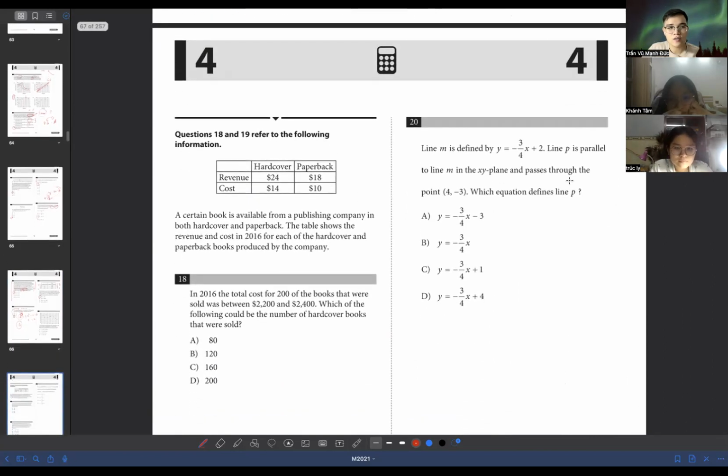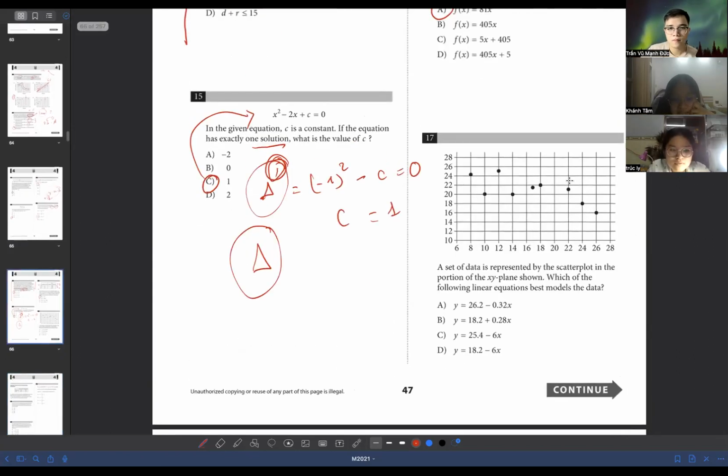Right, next one will be for Lina. 17 to 20. 17 first. 17A. Let me introduce one way to quickly do this one. You connect the farthest and the closest point on the two ends, and you're going to have a quite accurate line of best fit when it comes to linear. If you connect the last and the first dot, you have a brief linear equation.